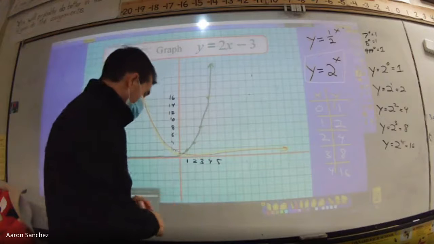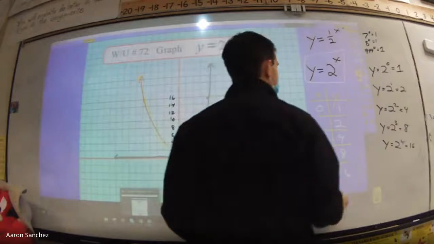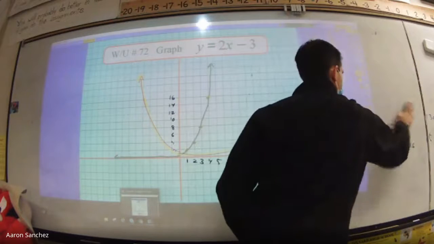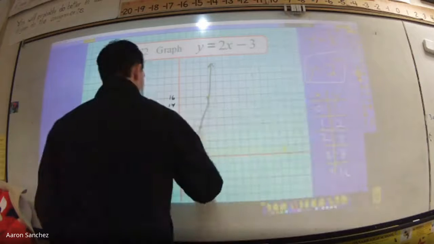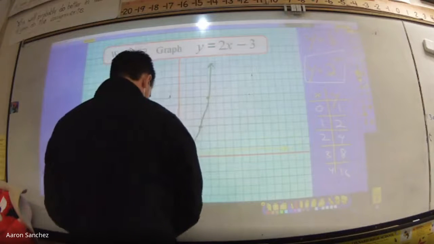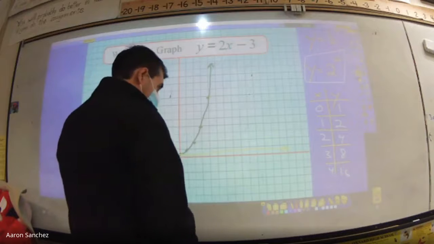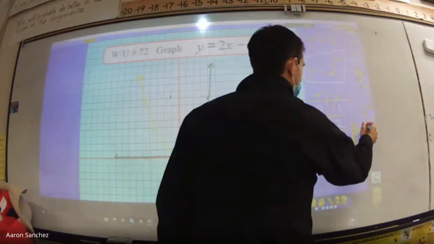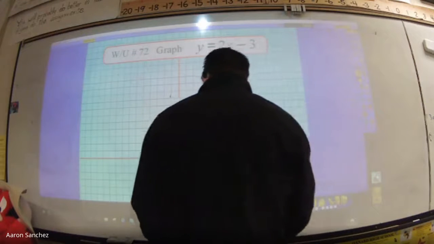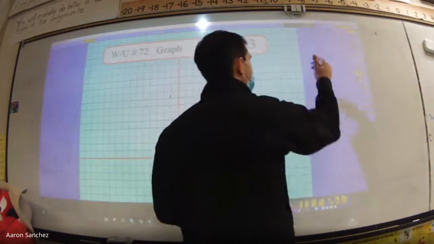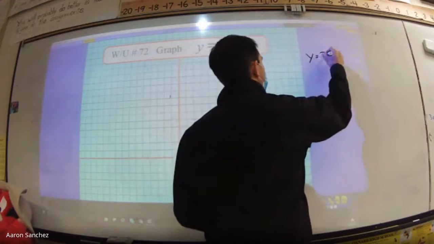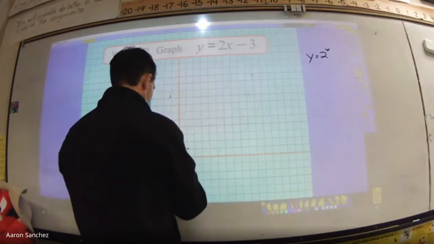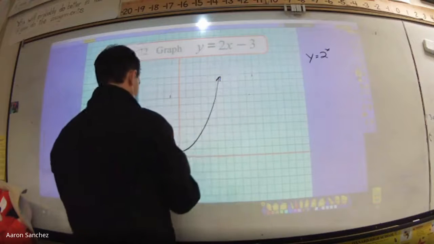Now, a couple other things that I want you guys to notice here when we graph these. I'm going to erase everything, because you're going to have to match the graphs. Notice before we had y equals 2 to the x, which we said shoots up like this, okay?